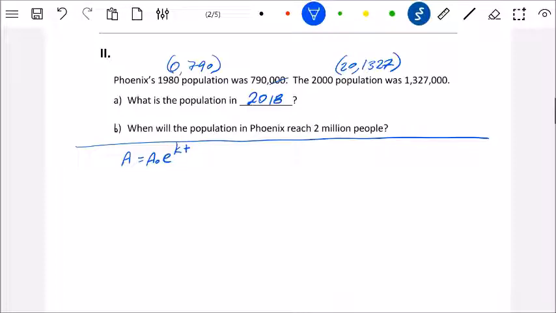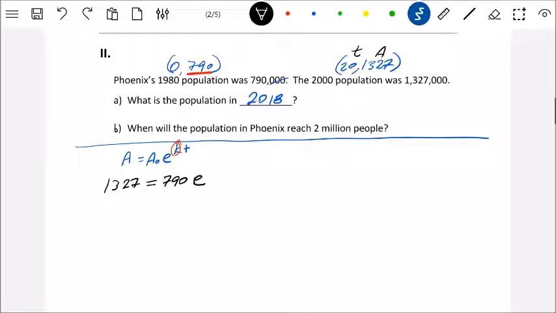So let's figure out here what the K is. Okay, here's the initial amount, 790. And I'm going to use this A and this T. So 1327 equals 790, and it's going to be 20 for the number of years times the K. Oops, I forgot the E. Let's go back there.